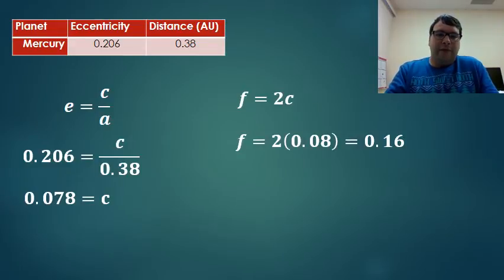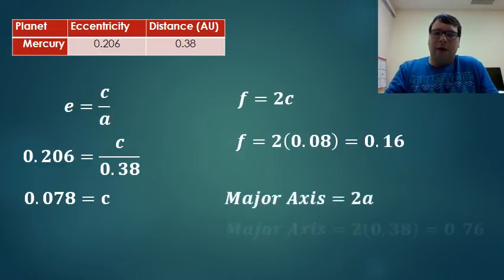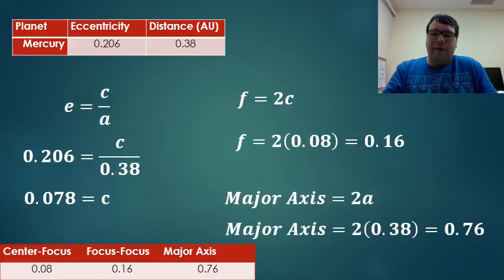All right, so let's move forward. So we know our center to focus value. We know our focus to focus value. What we need now is the semi-major axis giving us the major axis. So we have the semi-major axis of distance, that's our astronomical unit, of 0.38.